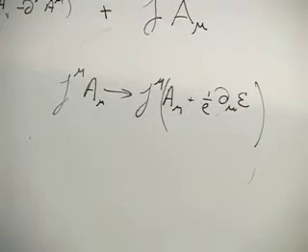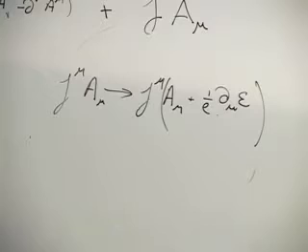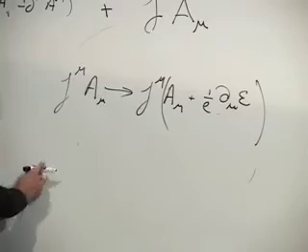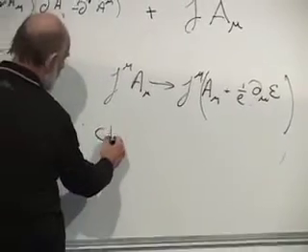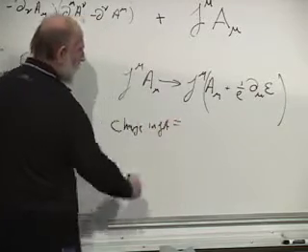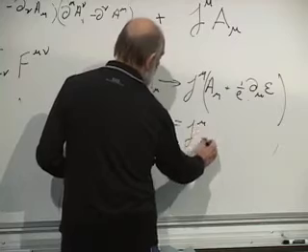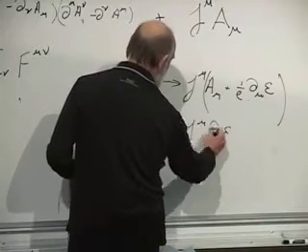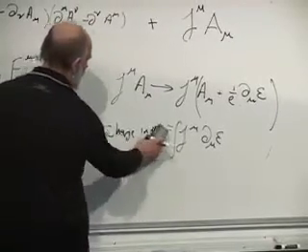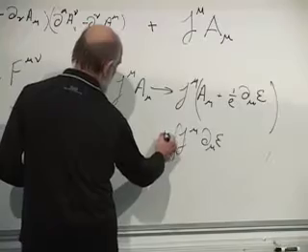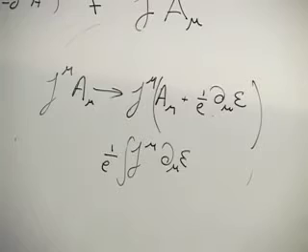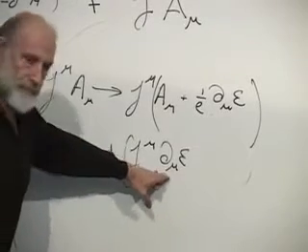That's the way the vector potential changes. So the change in J mu A mu is J mu d mu epsilon, with a 1 over electric charge. So the answer is, it's not gauge invariant. It has changed by this much.